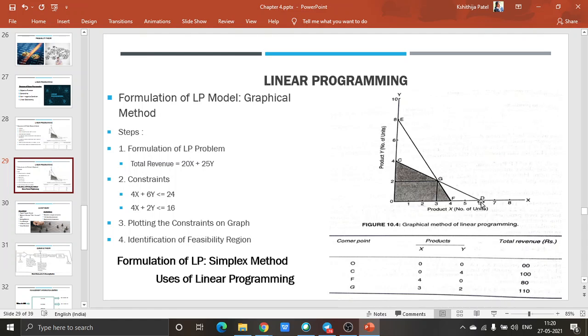Similarly, in order to locate the second point, we can assume that the total time available on machine A is utilized to produce Y and 4 units are produced. Thus, the second point on the Y axis is 4.